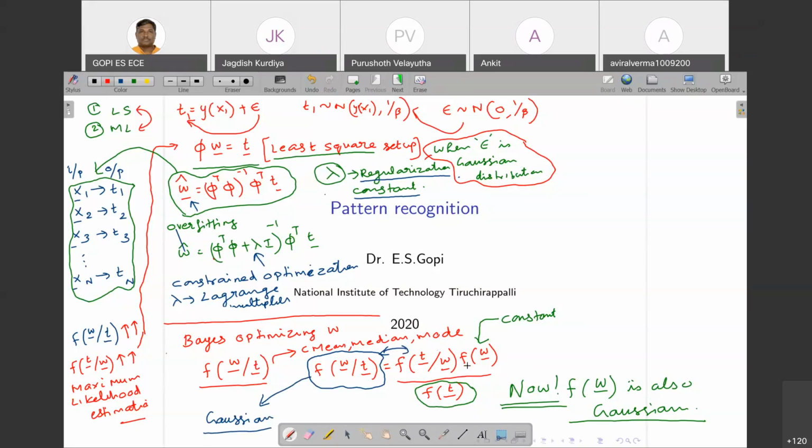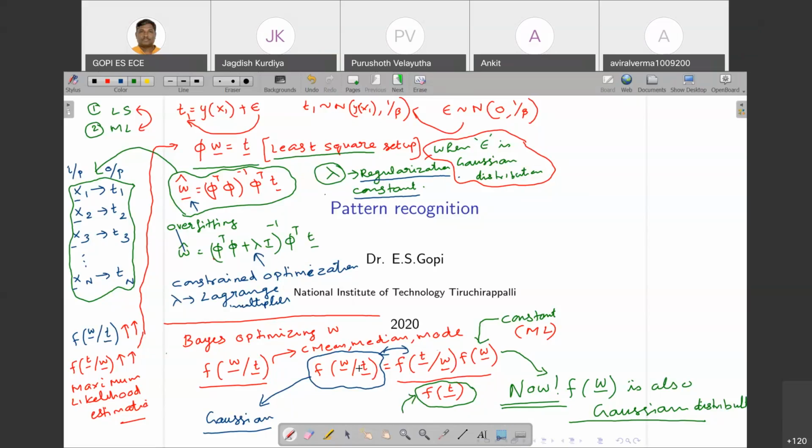In maximum likelihood estimation, we assume that f of W is constant. Now we are going to use f of W as a function. It is also Gaussian distributed. So that is the interesting point. What happens if I do that? f of W given T also follows a Gaussian distribution. That is what we are going to discuss now.